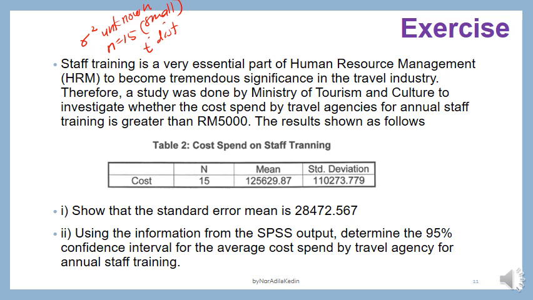So the question is actually the same. To find the standard error, we estimate using S divided by root N. To find the 95% CI, X bar plus minus T 0.05 over 2 with degrees of freedom 15 minus 1, multiplied by your SE. Alright, so you can try to do this question yourself.